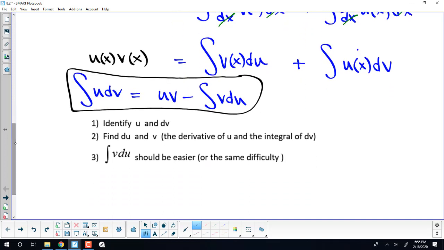And so if we start off with finding the antiderivative of a product, we're going to identify certain things that allow us to sort of break it apart, where a product uv doesn't involve an antiderivative, and we should have a simpler antiderivative to work with over here for the integral of v du. So that's integration by parts, the formula.